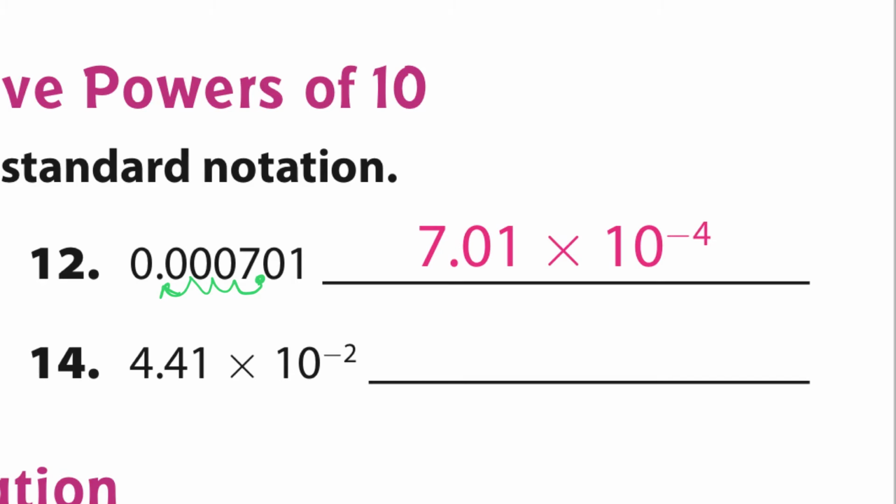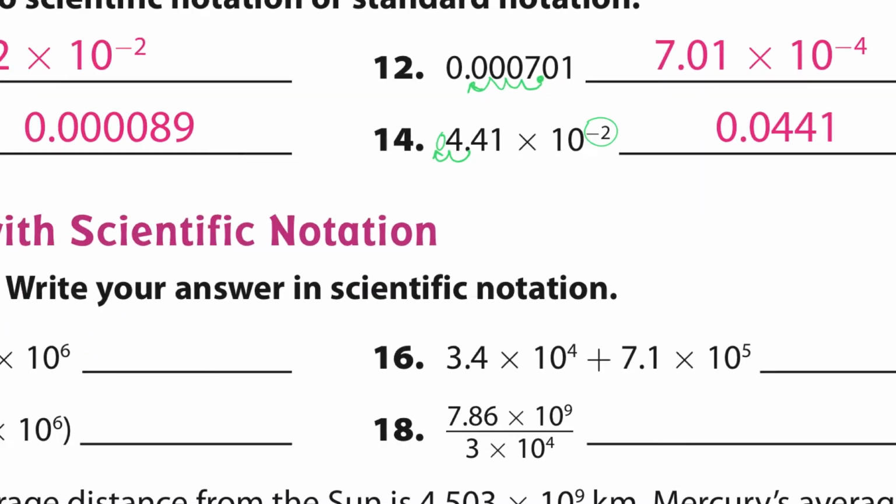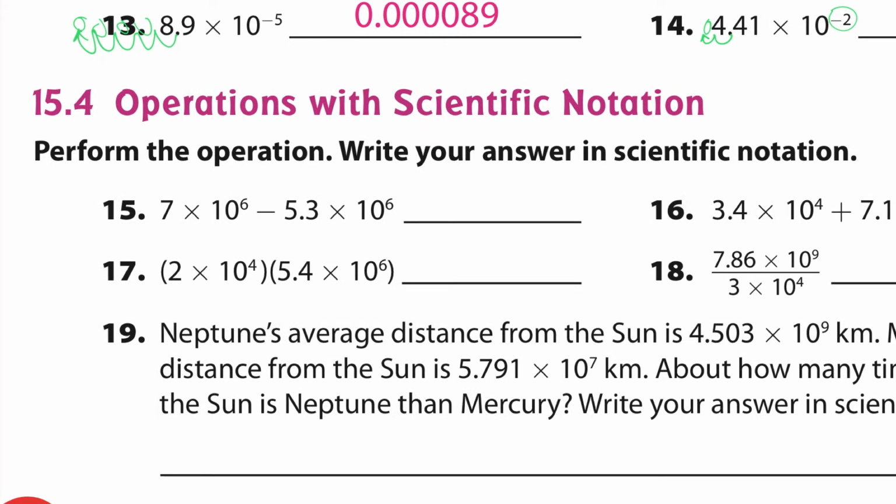And our last one, this is going to move the decimal 2 times to the left. Right there, 2 times because of that. So it's going to be 0.0441. Okay, and we got all these others here.